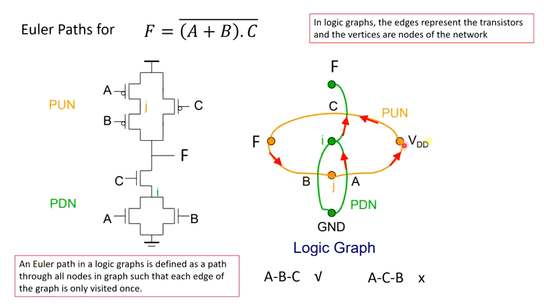So we have an Euler path for this pull up network. What about the pull down network? A, C, yeah. Now once we go to C, we cannot come to B, right? So we cannot travel this B. So we don't have an Euler path for this pull down network if we select this gate order ACB.